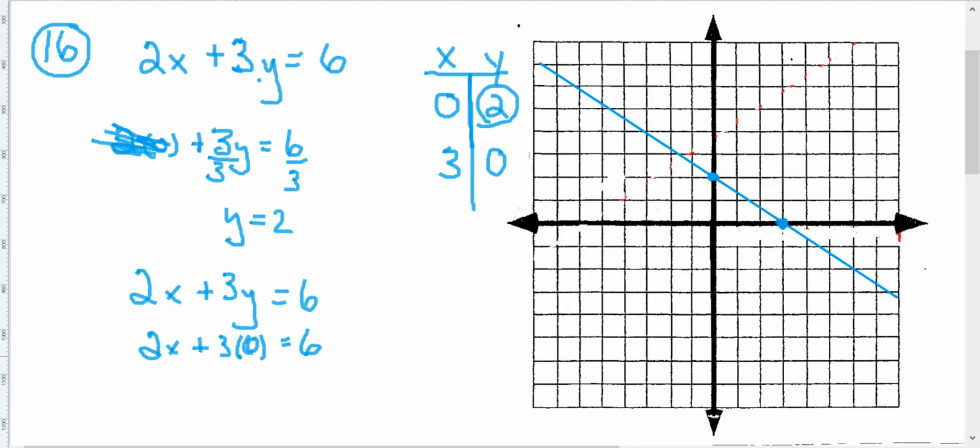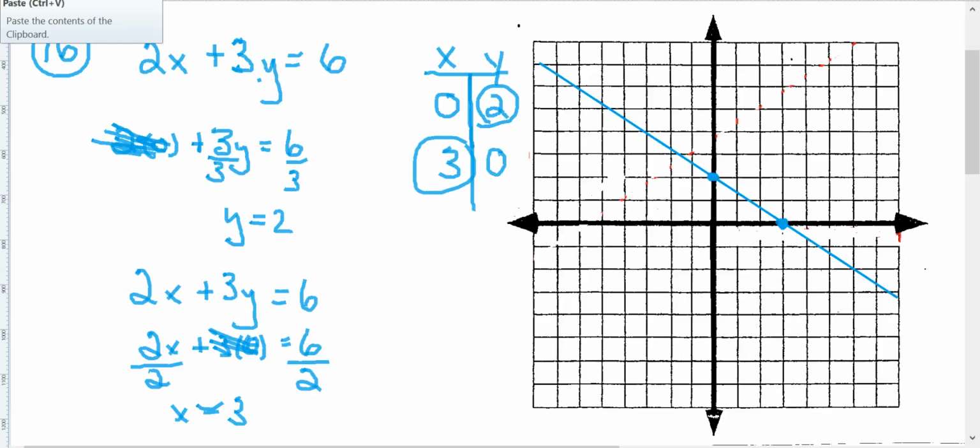And now we know here that 3 times 0 is 0, so this disappears. And I've got 2x equals 6. And here's where I say to divide both sides by 2 to get the x by itself. And then I have x equals 3. And that's where we got this number from. Okay? Next.